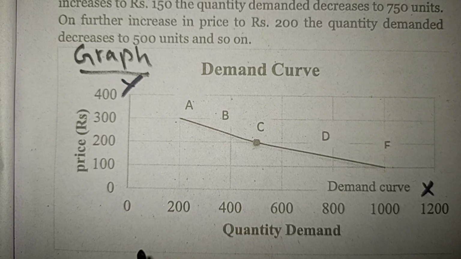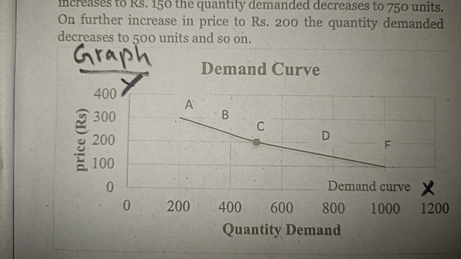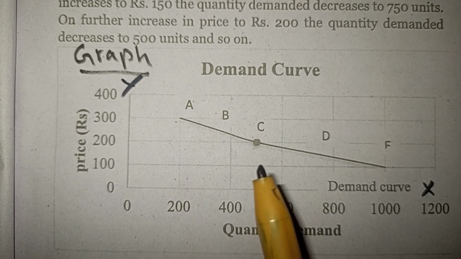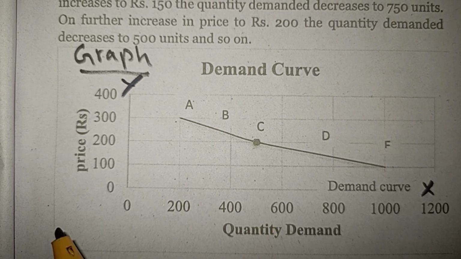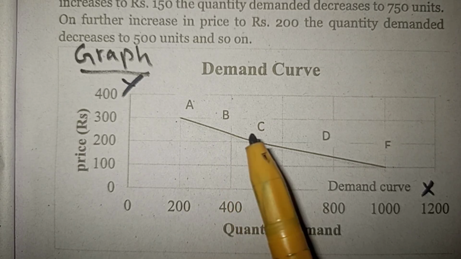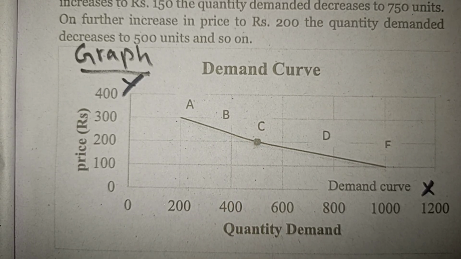With this combination of price and quantity demanded, we make a point that is called point A. At point B, at the 250 price, the demand is 400 kg, and we draw a line to point B.